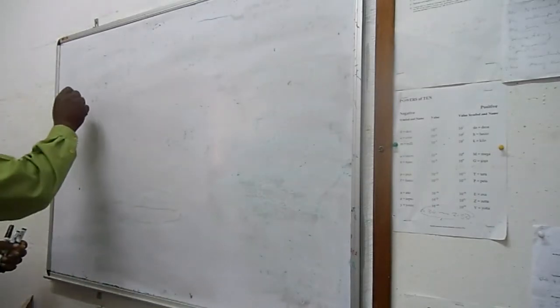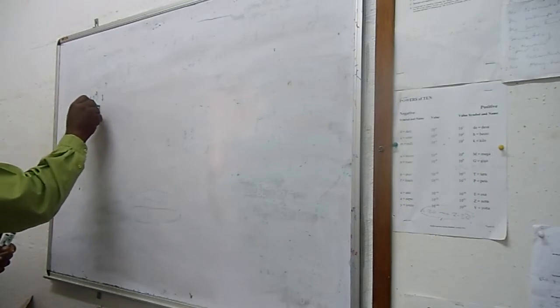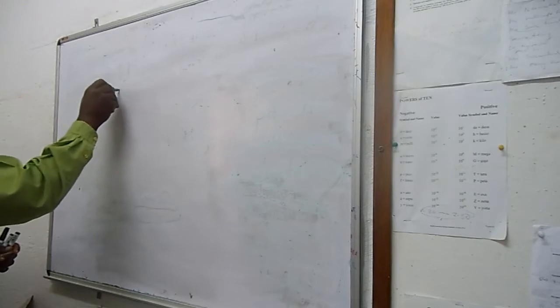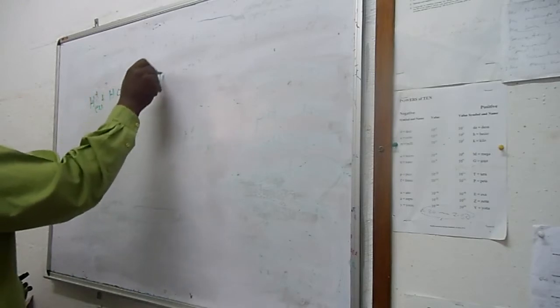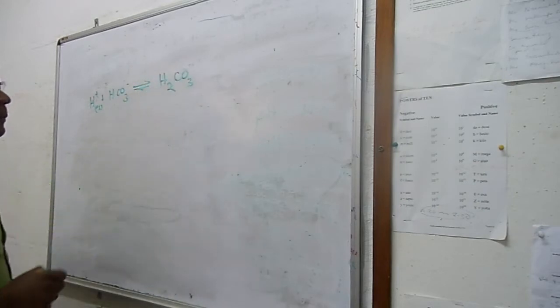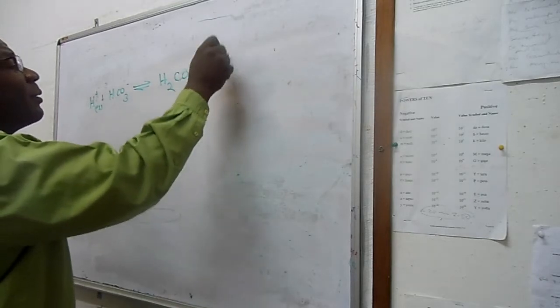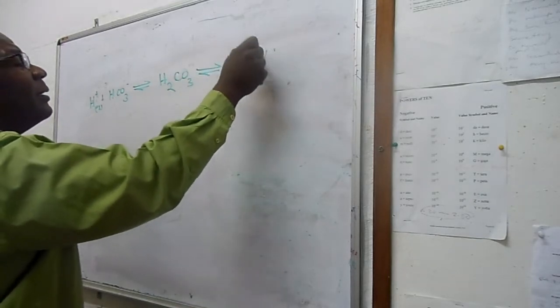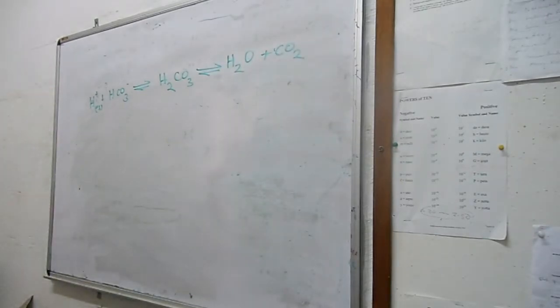In the blood, hydrogen ions can react with the bicarbonate ions, and in the process they form an acid, carbonic acid. But this carbonic acid can also dissociate, producing water and carbon dioxide, which can then be emitted out.